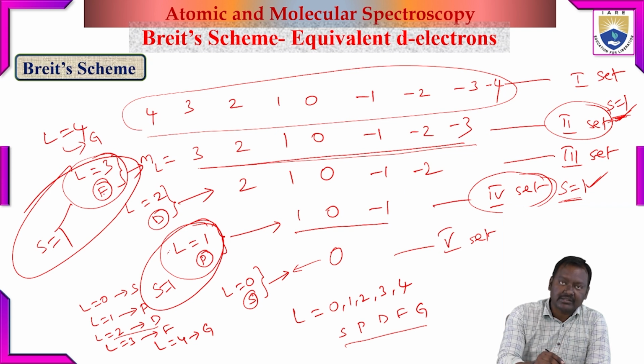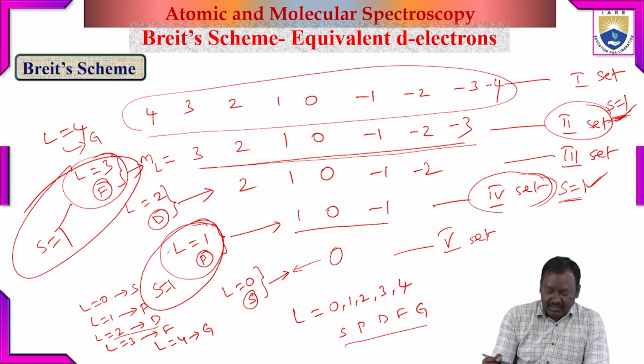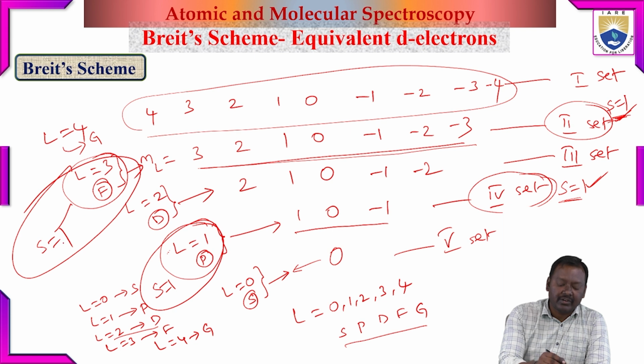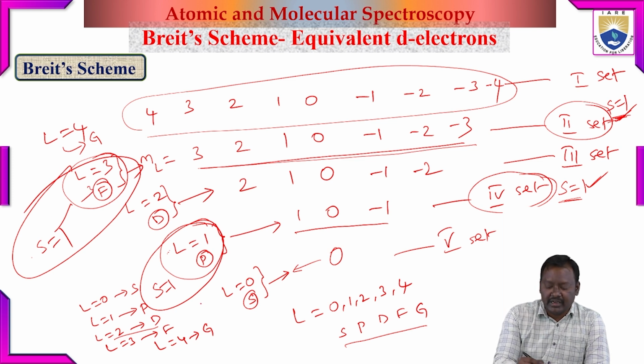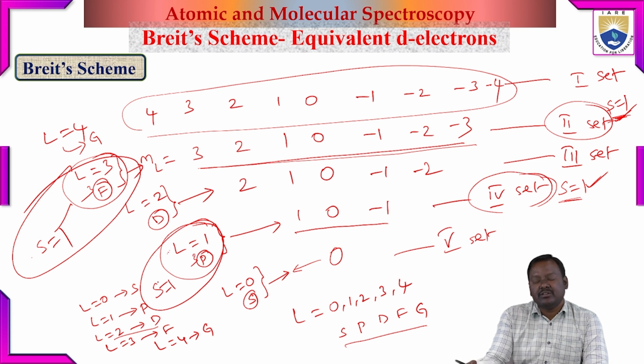L equal to 3, spectral term is F. If we find the multiplicity as S equal to 1, multiplicity is 3. So term 3F. Here it is also multiplicity 3, so spectral term is 3P.